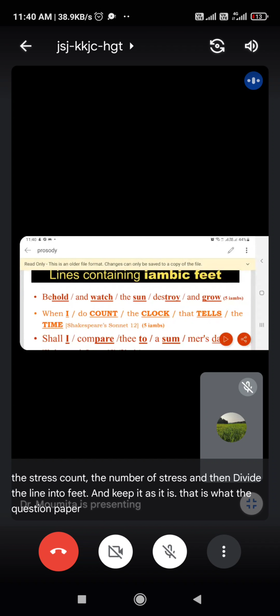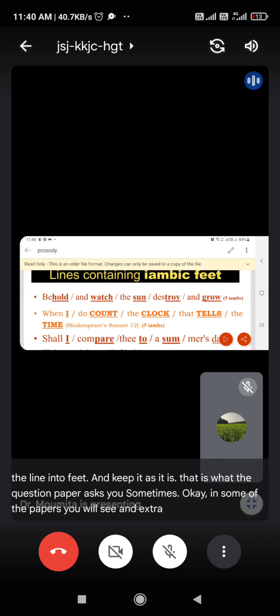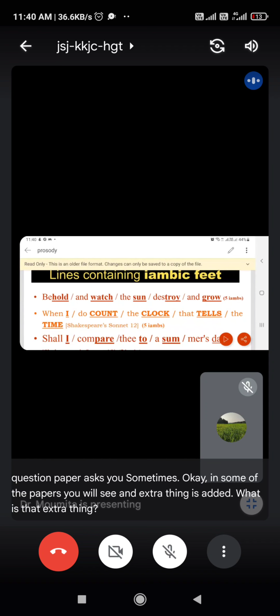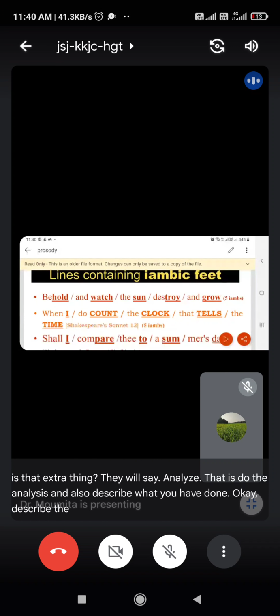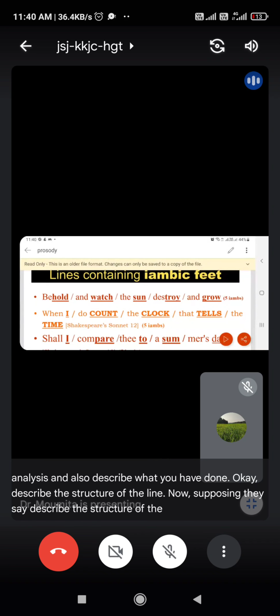Sometimes, in some of the papers, you will see an extra thing is added. What is that extra thing? They will say analyze, that is, do the analysis and also describe what you have done. Describe the structure of the line. Now, supposing they say describe the structure of the line, how will you describe?